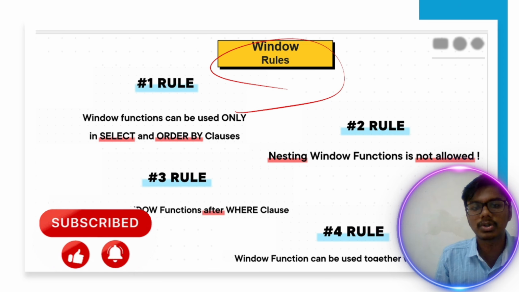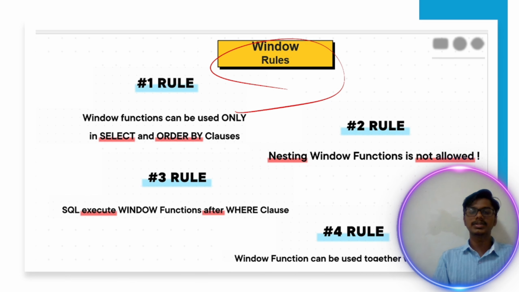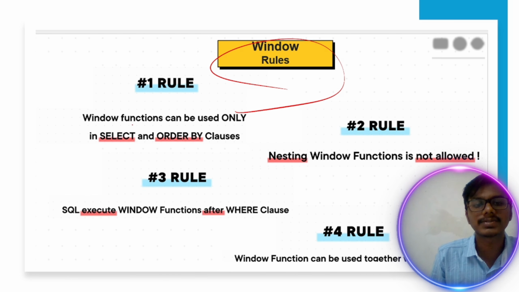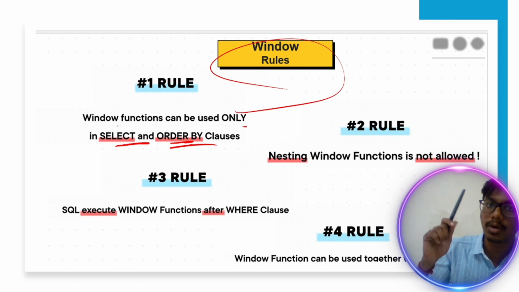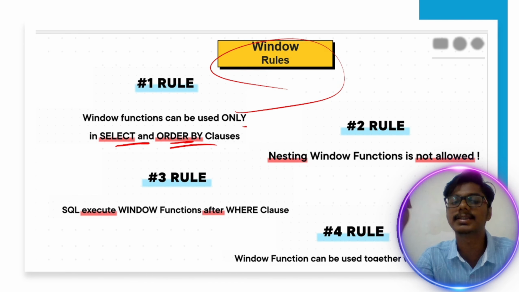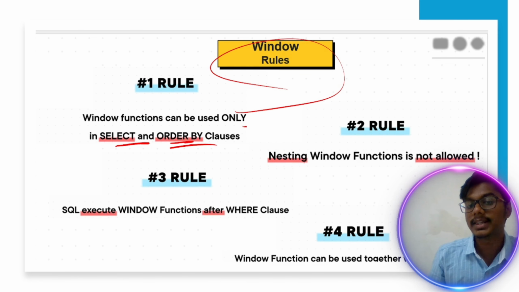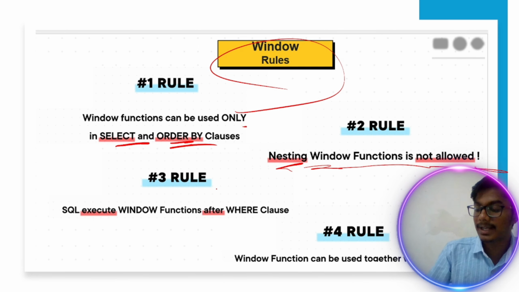What are the rules we need to follow when using window functions? The first rule: window functions can be used only in the select or order by clause. This is the main rule. The second rule is that nested window functions are not allowed, like sum of over inside another. Nesting window functions is not allowed.